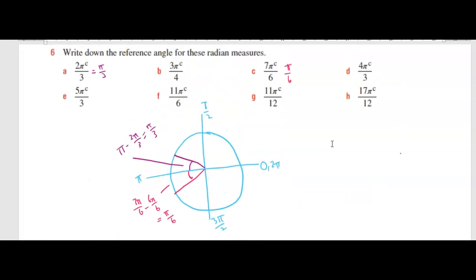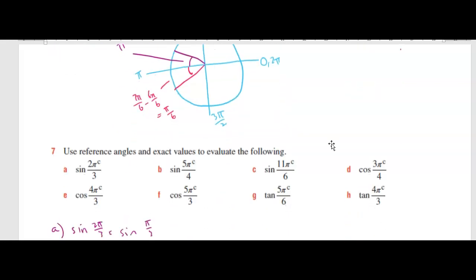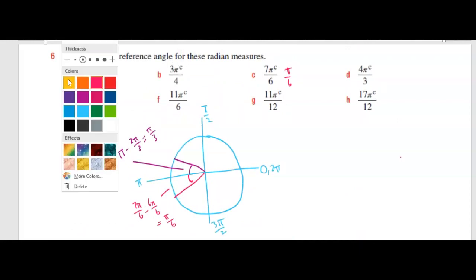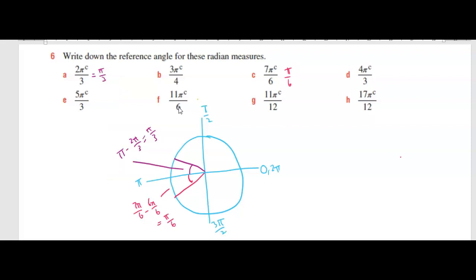Let's do 5 pi on 6. 11 pi on 6? Okay, let's do 11 pi on 6. I'm trying to do one that's in both questions 6 and 7. So 11 pi on 6. Now 12 pi on 6 would be 2 pi. So we're just before 2 pi with 11 pi on 6. So 2 pi minus 11 pi on 6.